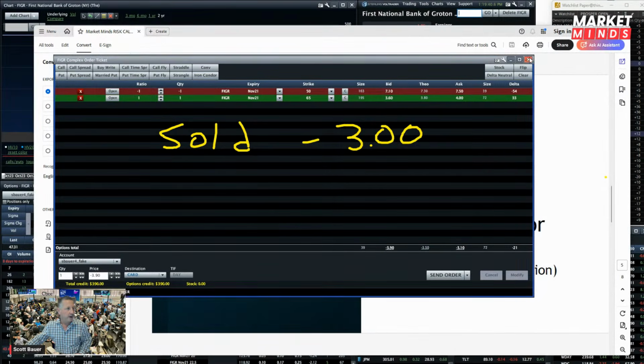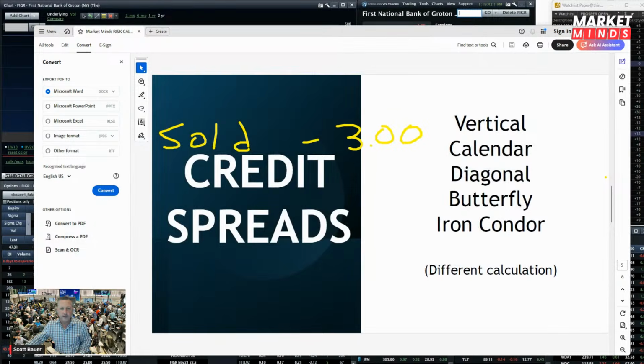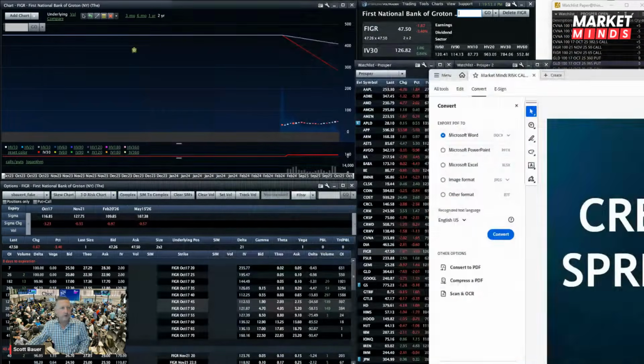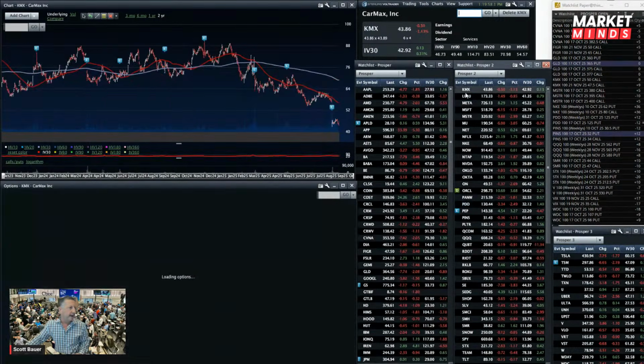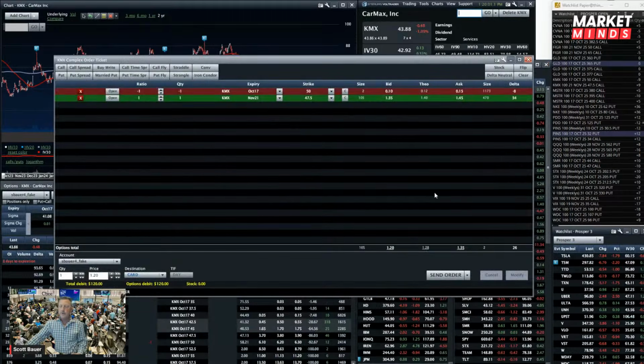Okay, now we're going to go into the calendar and the diagonal we were just talking about. So let's look at PDD. Actually, we can look at KMX too. KMX, we have a diagonal call spread on that we are long right now. We bought this thing, so we bought some time and we bought the lower strike option. We paid 175 for this.